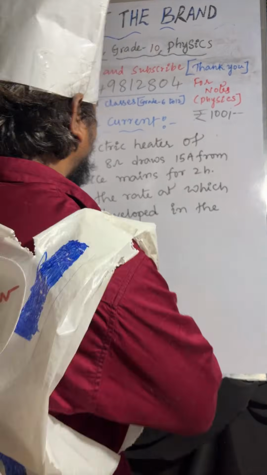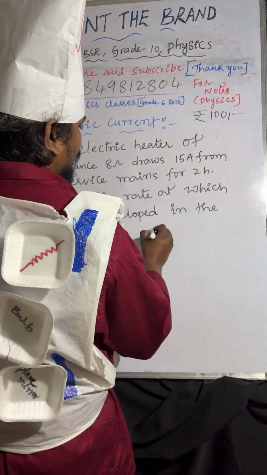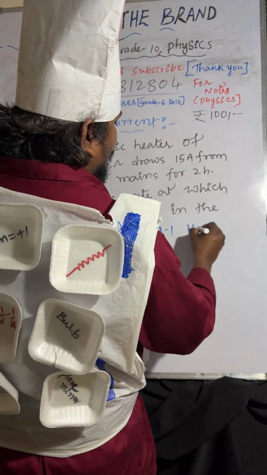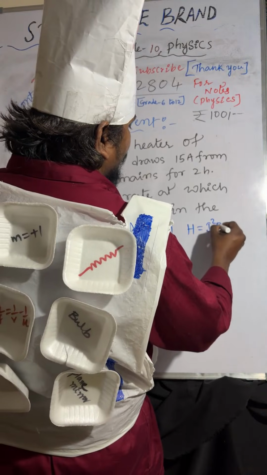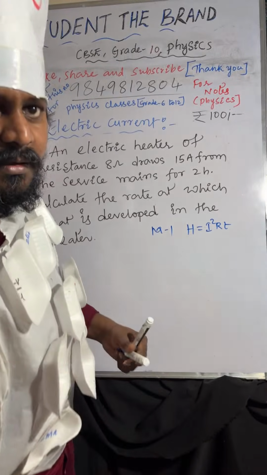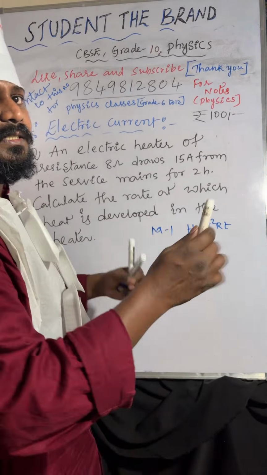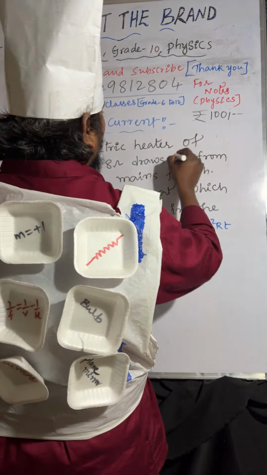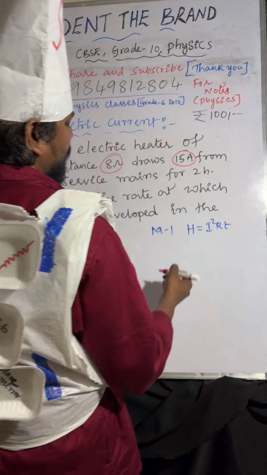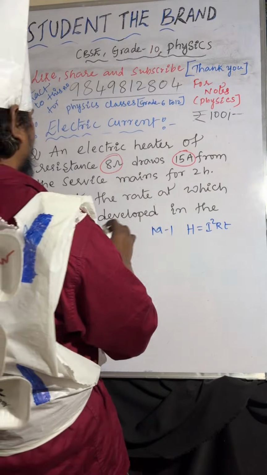Method number one: find out I square RT, because current is given, resistance is given, and time is also given, 2 hours.